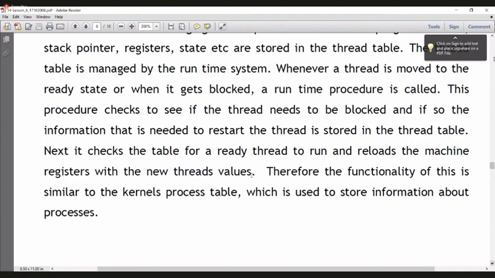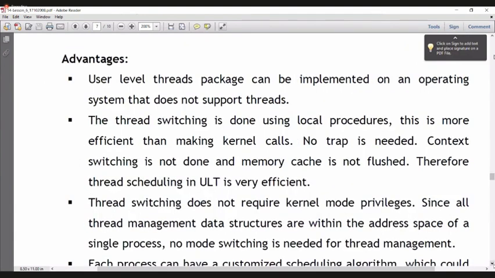So kernel keeps the process table, process keeps the thread table. So functionality is very similar. When a process is blocked and changes to running, same thing, right? Like a thread blocked and running again, similar operations but different information. So it is used to store information about the process. So you can read the advantages and disadvantages.